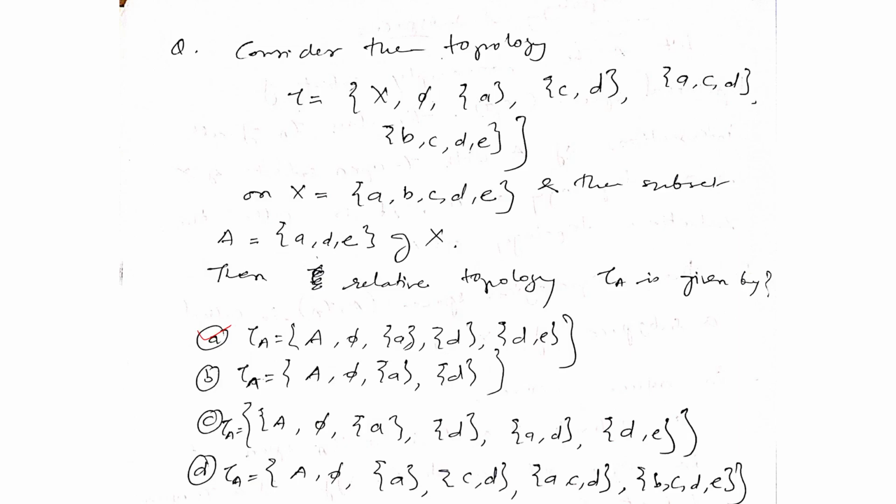Just check again. Is it a topology, the option A, and then is it forming relative topology tau A?